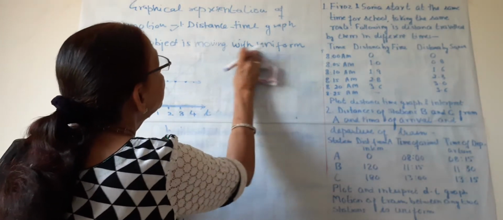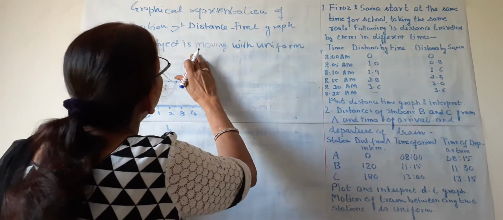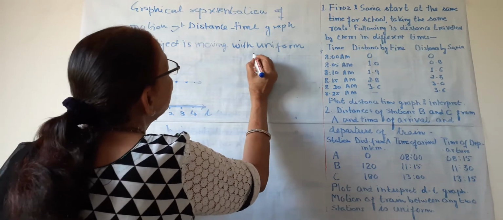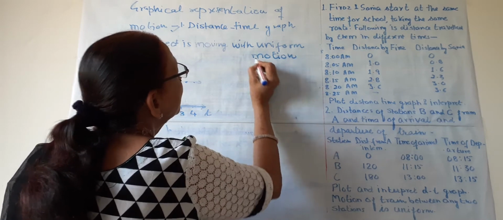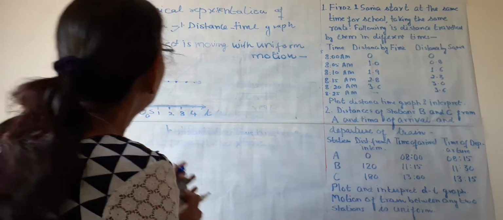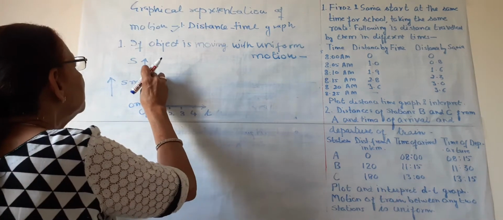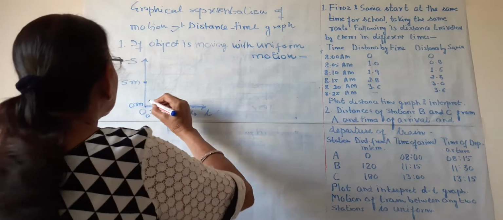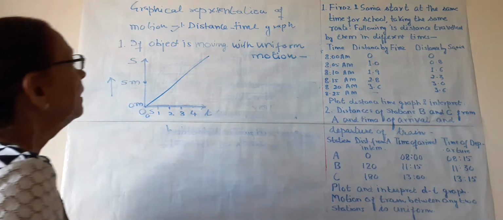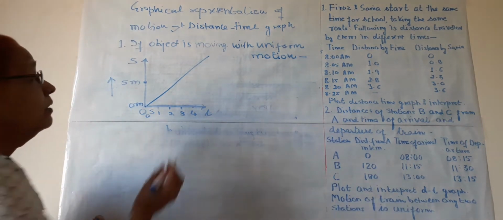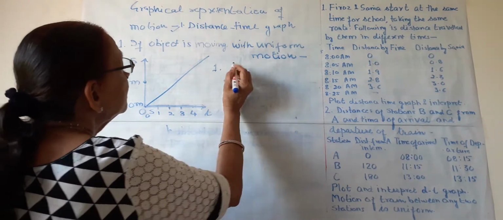Or instead of speed you can write if object is moving with uniform motion. Right here, object is moving with uniform motion. When the motion is uniform, then the graph line we have will be like this. So what will be the points?